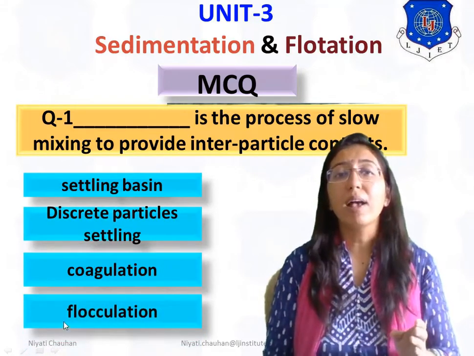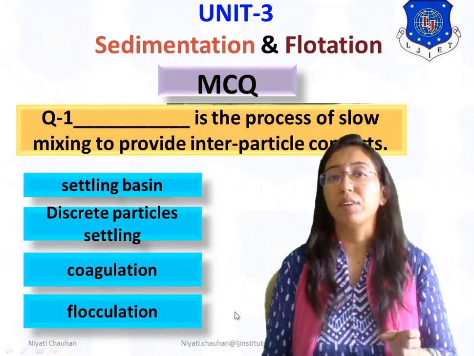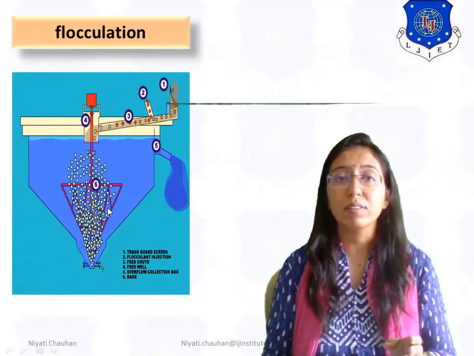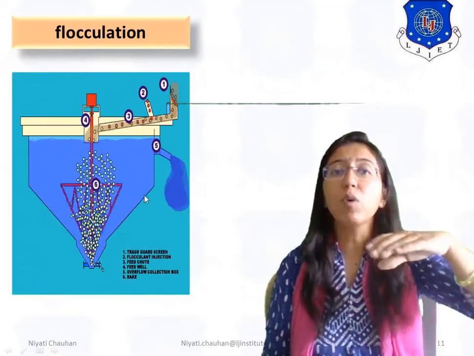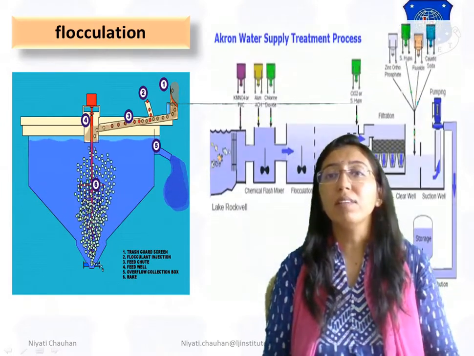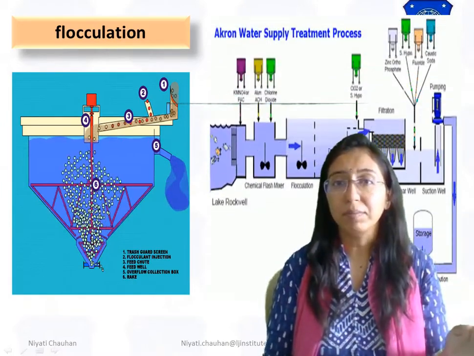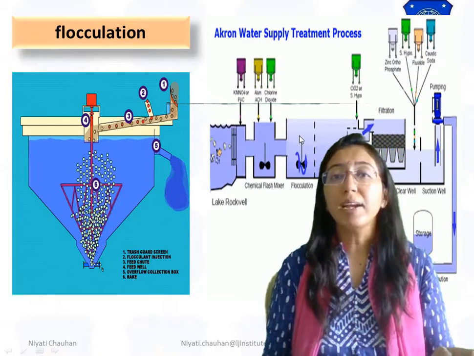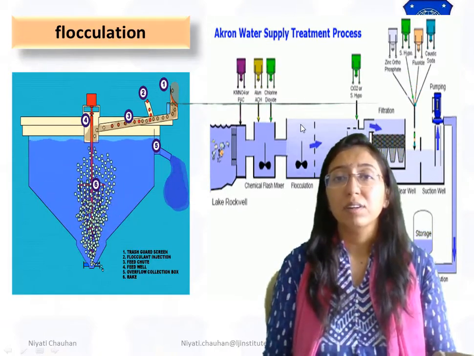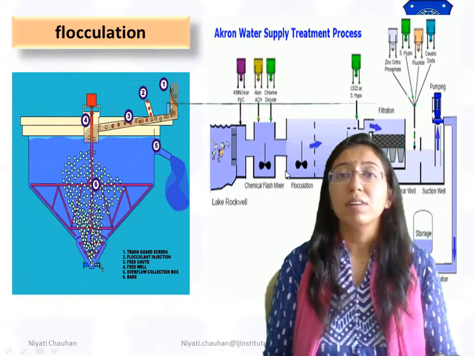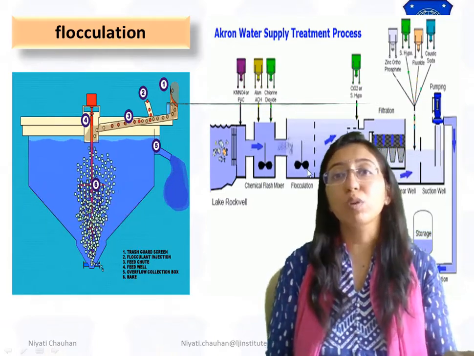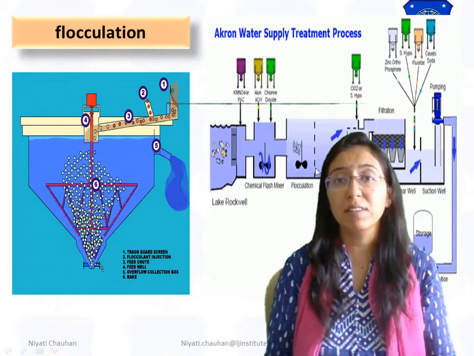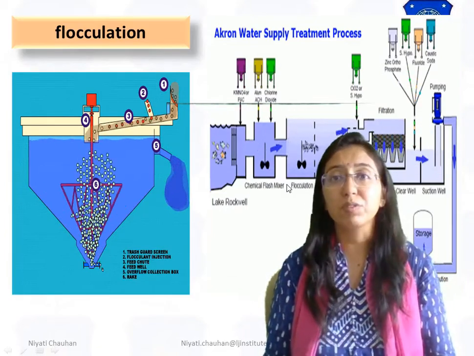So the answer is flocculation. In the flocculation process, particles mix, and it is a very slow process. You can see in the diagram, before sedimentation, particles interact in the flocculation process, and this is a very slow process.